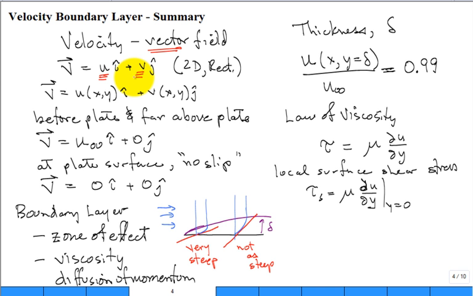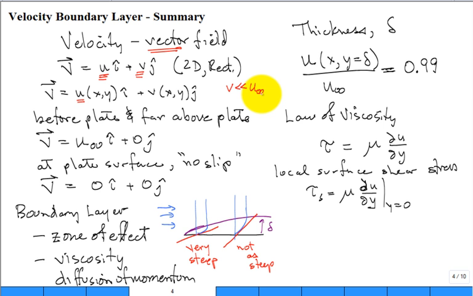Okay? So when you think about this, that U component is a function of location X down the length of the plate, and Y into the fluid. So U, the X component of the velocity, is a function of X and Y, as well as V. But what we find is the V, no matter where you're at, is much, much smaller than U infinity.